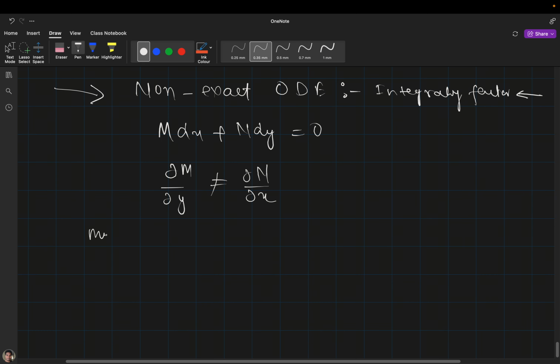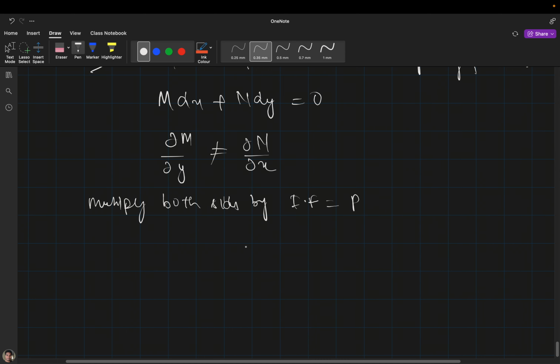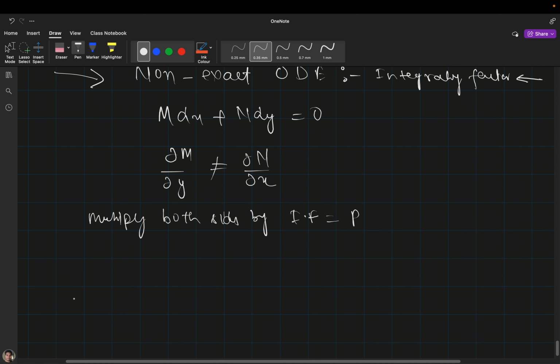Multiply both sides by the integrating factor, and I will name it P. I can multiply both sides since it is an equation. I am saying that this is the integrating factor, and if I multiply this by P, then it becomes exact.